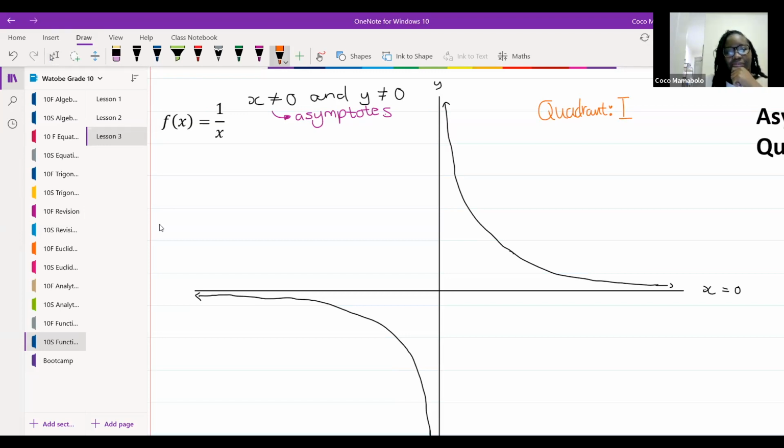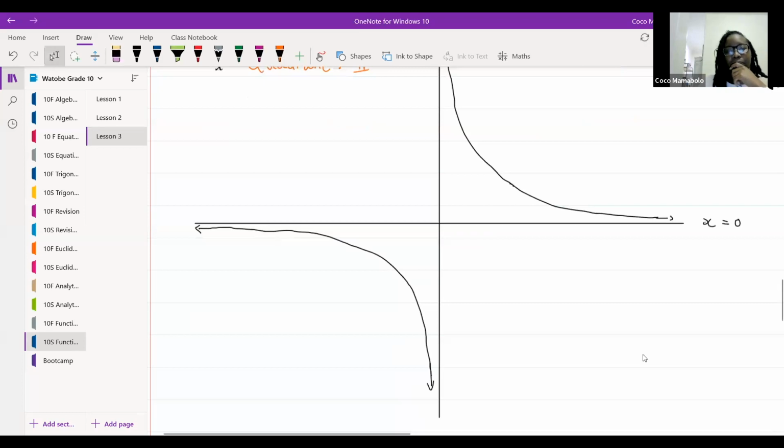Opposite to quadrant 1 is quadrant 2. Below quadrant 2 is quadrant 3, and opposite to quadrant 3 is 4. Quadrants 3 and 4 are the negatives.